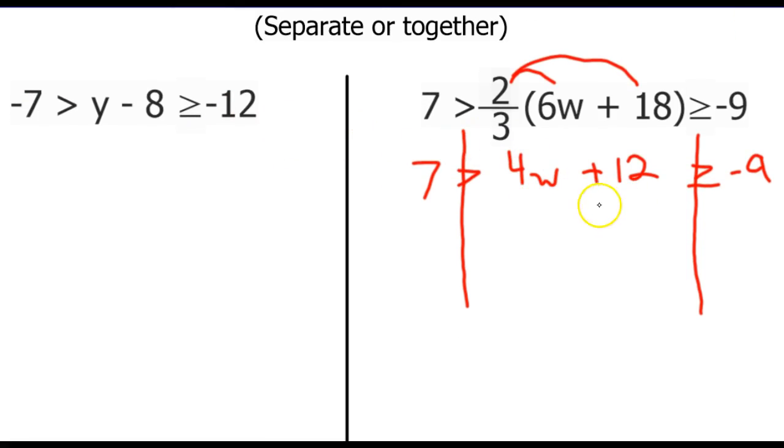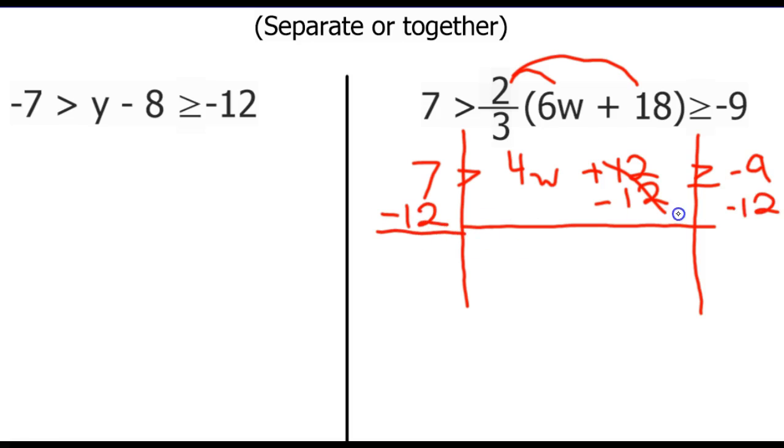So here we have to subtract 12. When we subtract 12 in the middle, we have to subtract 12 from everything. So 7 minus 12 gives us a negative 5, which is greater than 4w, which is greater than or equal to negative 21.